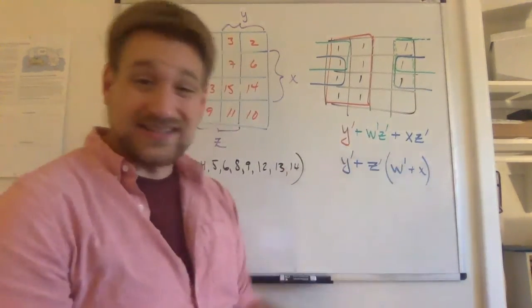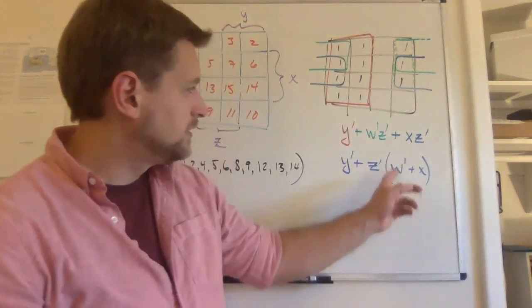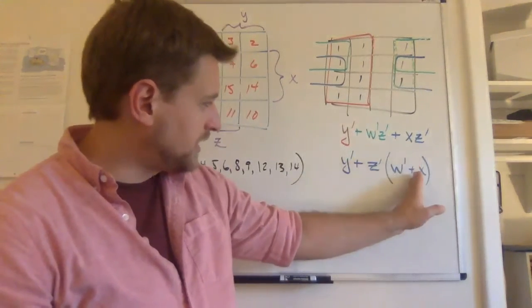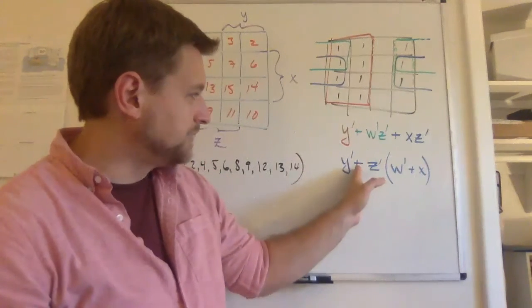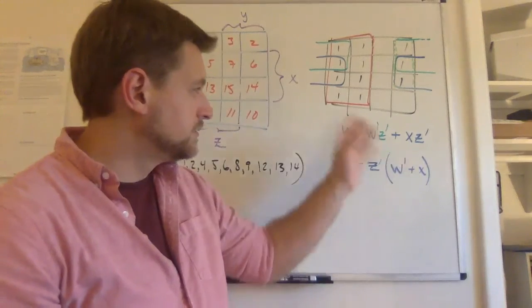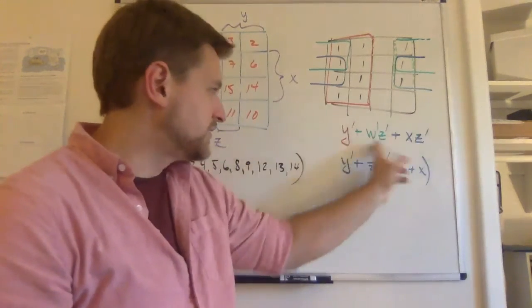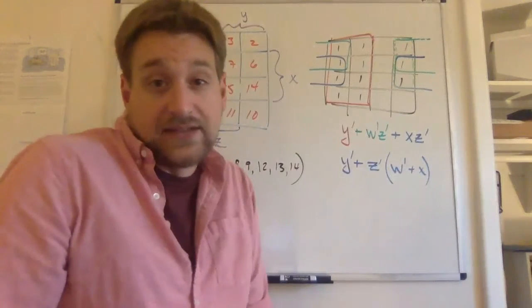So again, still only 2 inputs. This is maybe a slight savings, but now we need an OR gate, an AND gate, and an OR gate, instead of 1 OR gate and 2 AND gates. We still need 3 gates to do it.